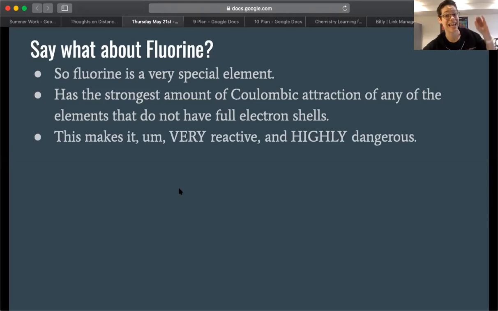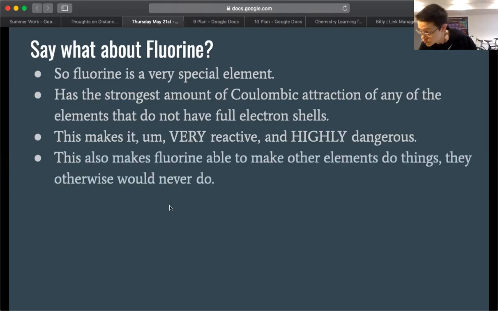And that's talking about the element fluorine, because then people are like, but there's fluoride in my toothpaste, and that's not bad, is it? And no, it's not, because fluoride is not fluorine. Fluoride already has its electron. So you need the fluoride in your toothpaste, but fluorine, if it was around you, would eat your face off. So that's super, super bad.